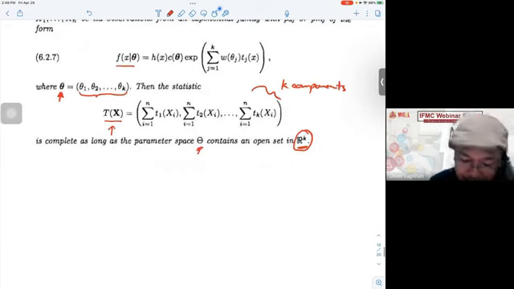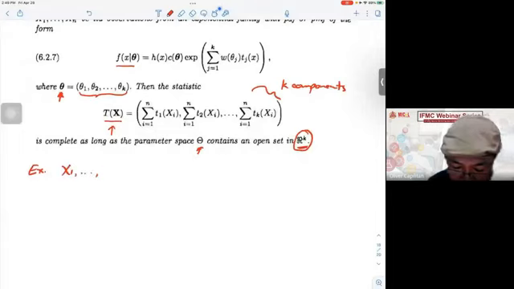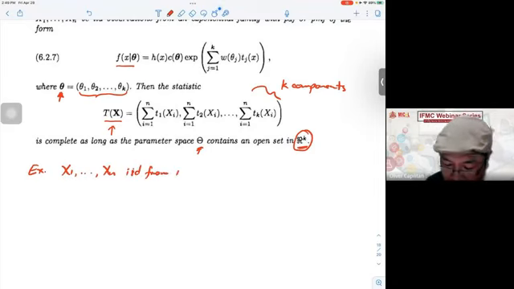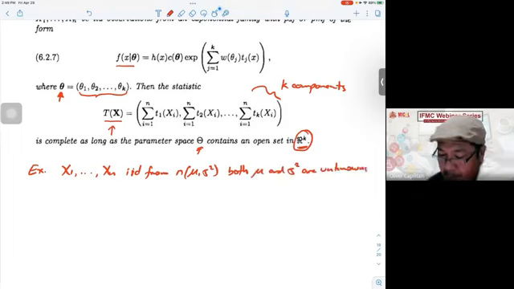Alam naman natin ito. And so I've given this before na kung meron tayong random sample, IID, from a normal distribution with mean mu and variance sigma square, both mu and sigma square are unknowns. Okay?